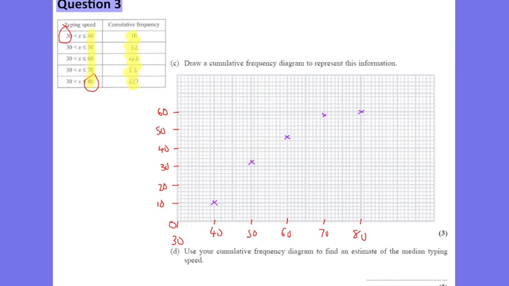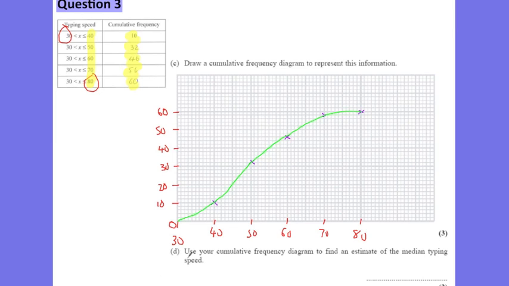So we're then going to join these up to make a smooth curve starting from the origin. Smooth curve through, making sure you're using a pencil here so you can rub out any mistakes, and then the plateau, the flat lining to the final coordinate.